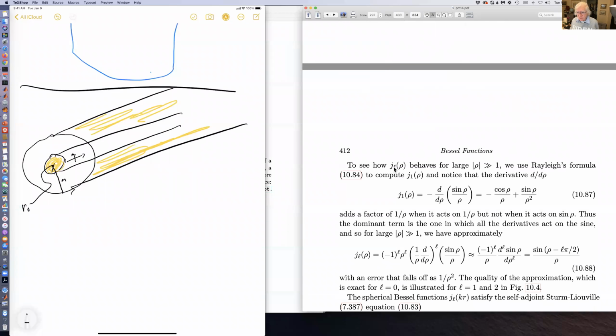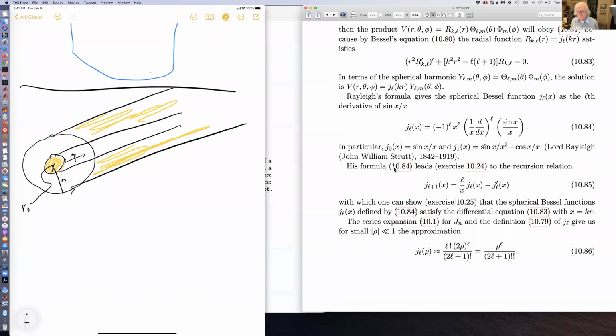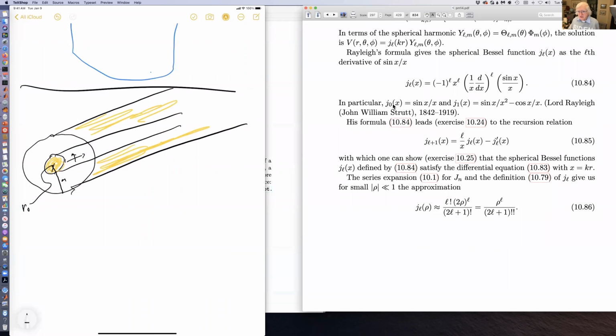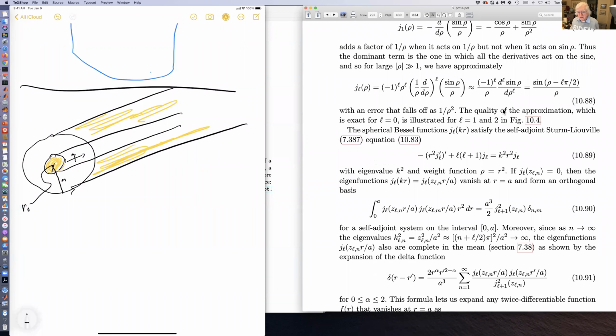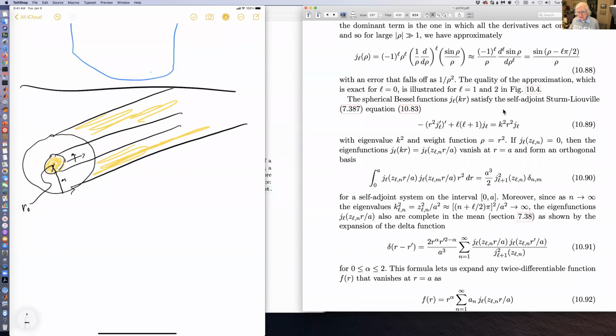So let us go back to where we were. Okay, so this shows you how nice the spherical Bessel functions are. We can write the spherical Bessel function in a self-adjoint form, and then it takes this form, and we see the weight function is rho, r squared, the eigenvalue is k squared, and so maybe let me just remind you what happens here.